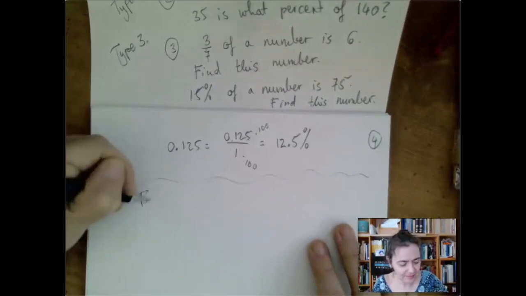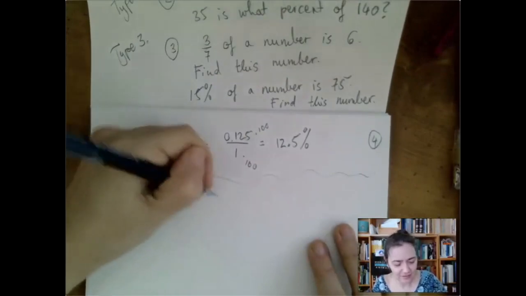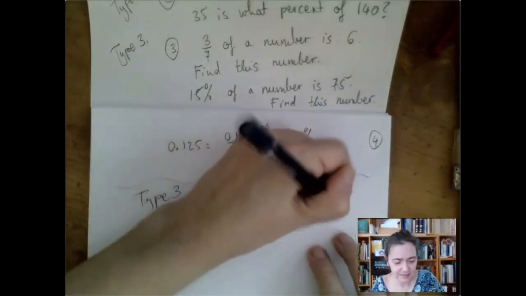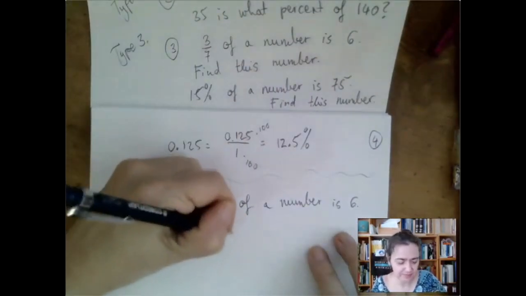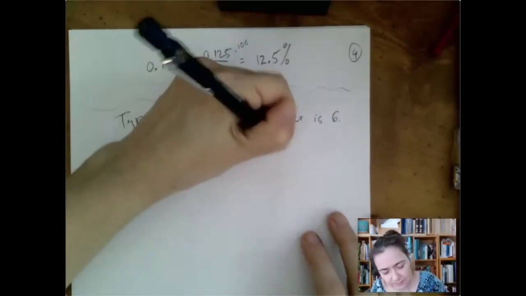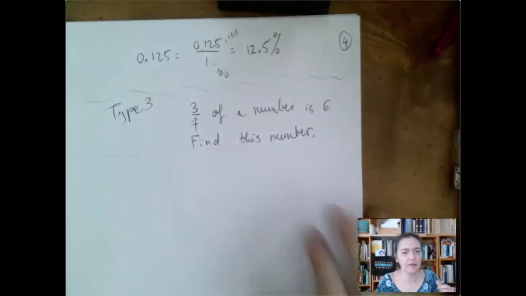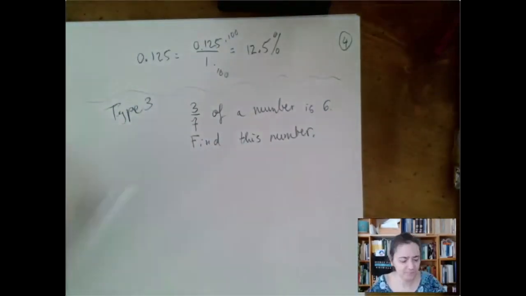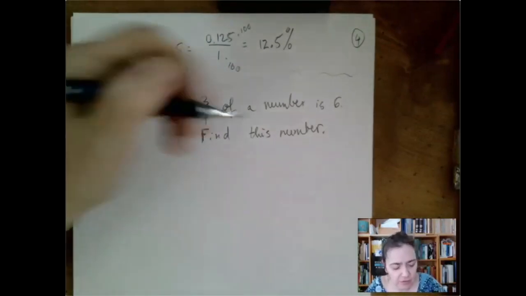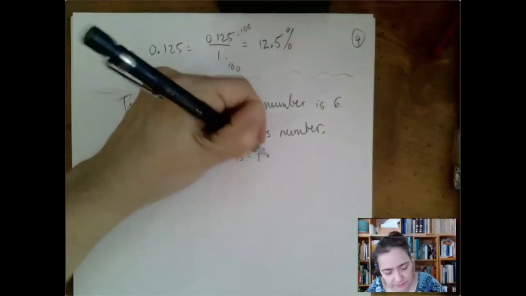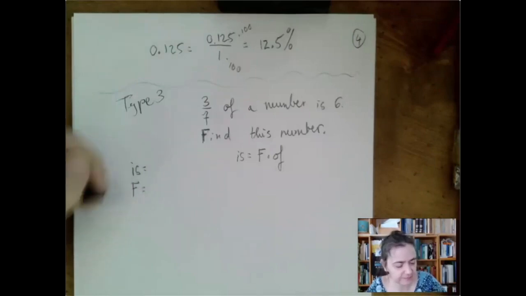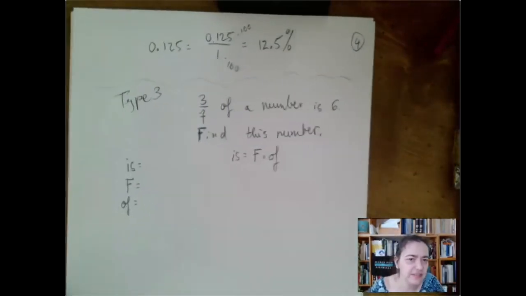So type 3, 3/7 of a number is 6. Find this number. So is equals fraction times of. Who goes where? Who is who in this game?